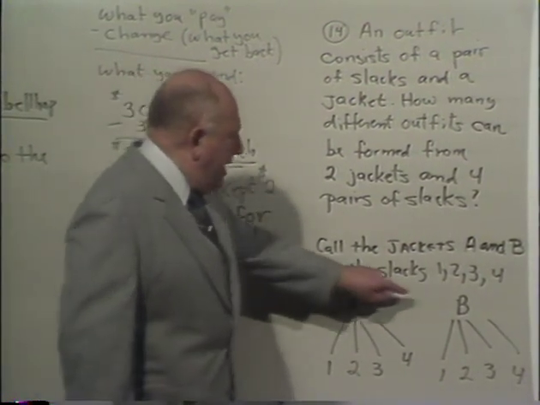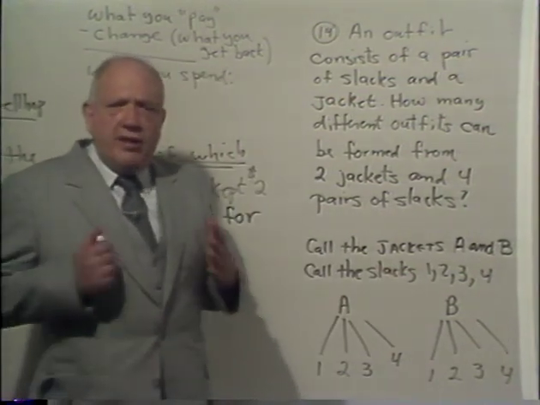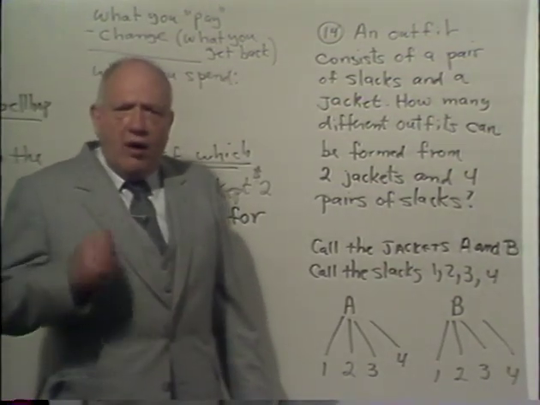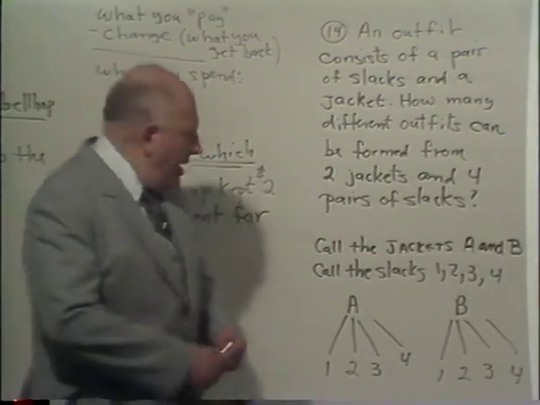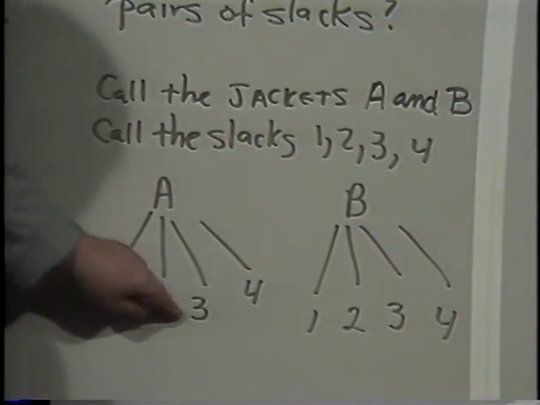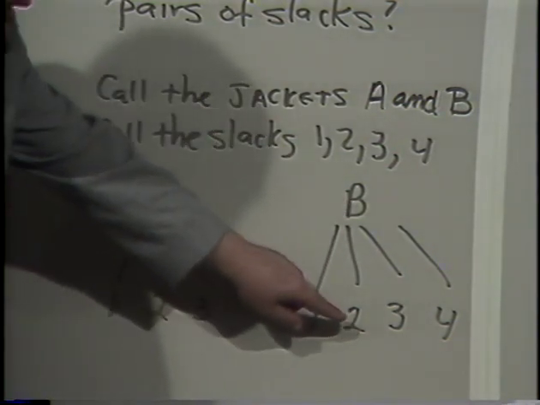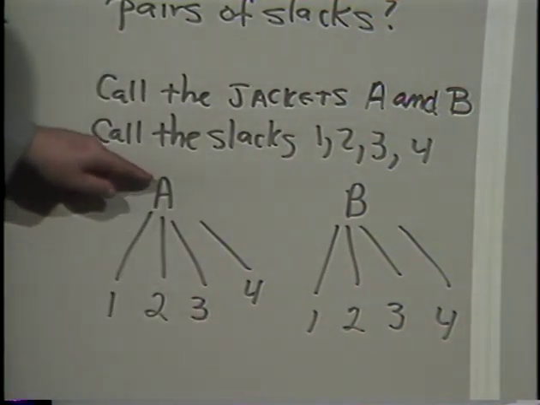The person can pick either jacket, can't he? He can pick either jacket A or jacket B. Once he picks the jacket, can't he still pick any one of the 4 pairs of slacks? You see, he can pick jacket A and match it with slacks 1, 2, 3, or 4. Or he could have picked jacket B and matched it with slacks 1, 2, 3, or 4. In other words, there are 8 combinations.